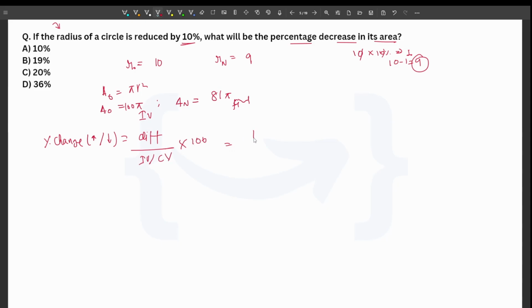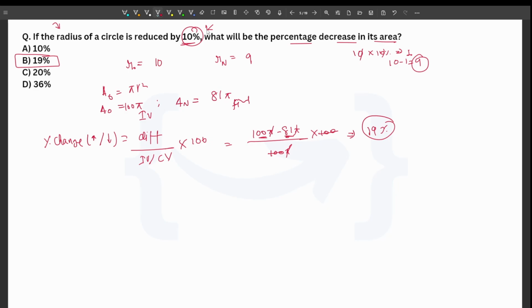So the difference would be 100 pi minus 81 pi, divided by 100 pi, into 100 to convert it to percentage. So this and this will go away. Pi is common, so pi will go away. And in the last, if you subtract 81 from 100, you will end up having 19 as the answer. So 19% is the change you can find if you reduce the radius by 10%.